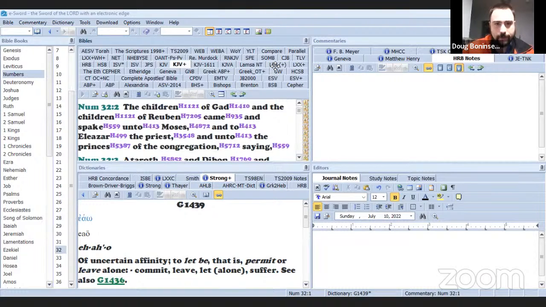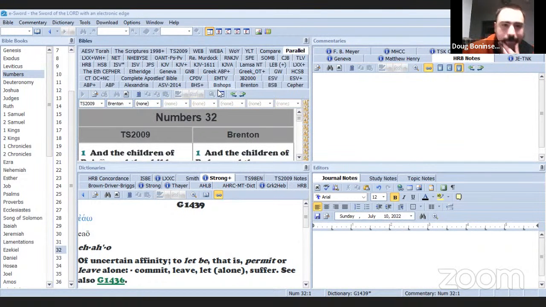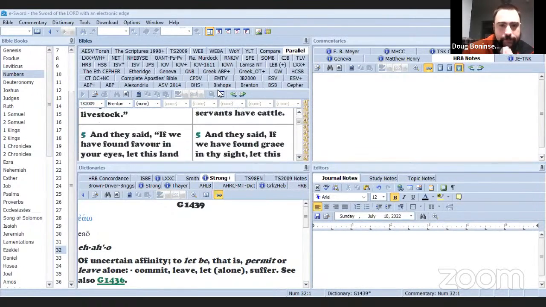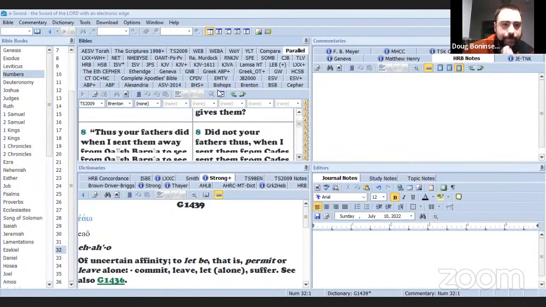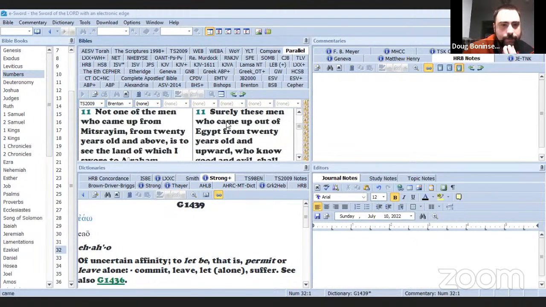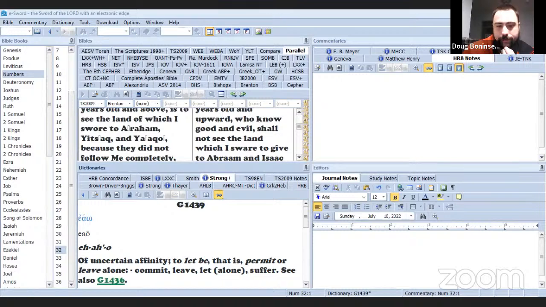I think it's parallel option, if I'm not mistaken. Yeah, there we go. Surely these men who have come, 20 years old and upward. Okay, so we already talked about that. All right, so Numbers 32:25.